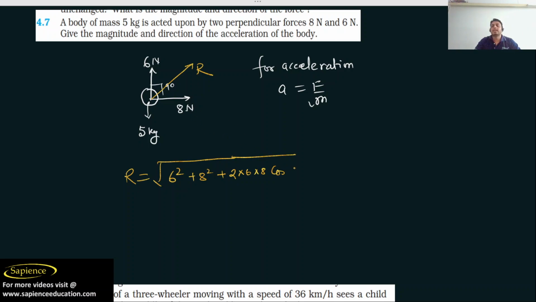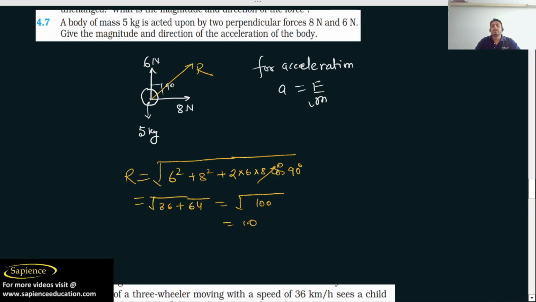It has 90 degree, so cos 90 degree is 0. So 6 square means 36 plus 64, so this is root under 100, so it will be 10 Newton. So the resultant force we have got is 10 Newton.